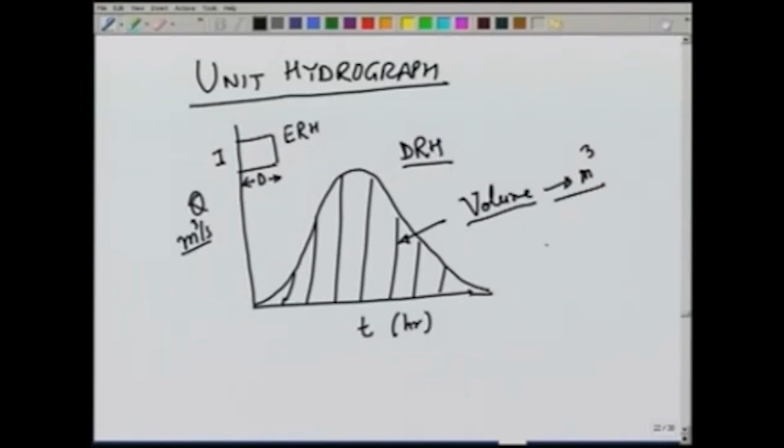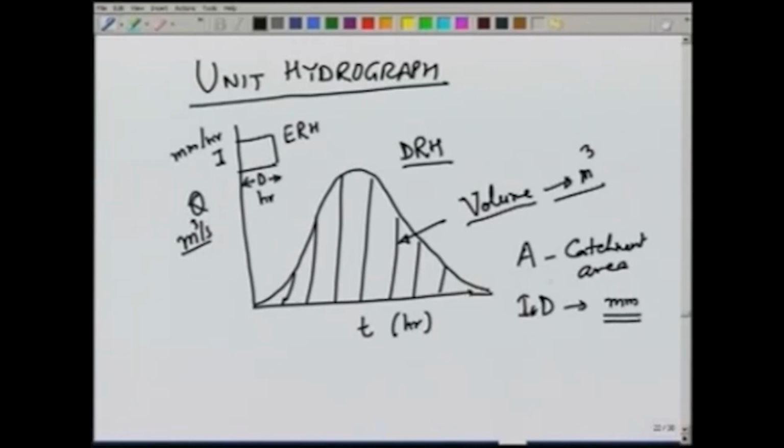So, if the catchment area is A, and the rainfall intensity is I, duration is D. So, I into D will give us, suppose this I is in millimeter per hour and D is in hours, the amount of rain in millimeter units.